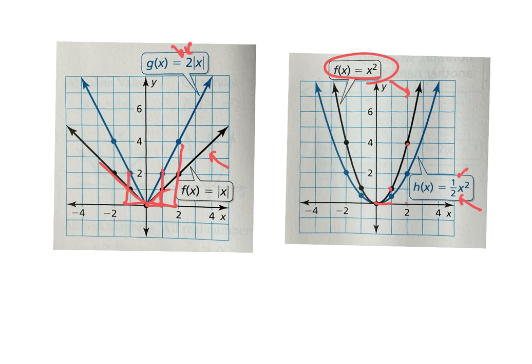Well, if there's a 1/2 in the front, instead of it being a vertical stretch, it's going to be a vertical shrink. Because what happened here is they went over 1, up 1/2, over 2, up 2, instead of going up 4. So all the points vertically got cut in half. Okay, the y values did. So a number in the front bigger than 1 is a vertical stretch. A number in the front less than 1 is a vertical shrink by that number.